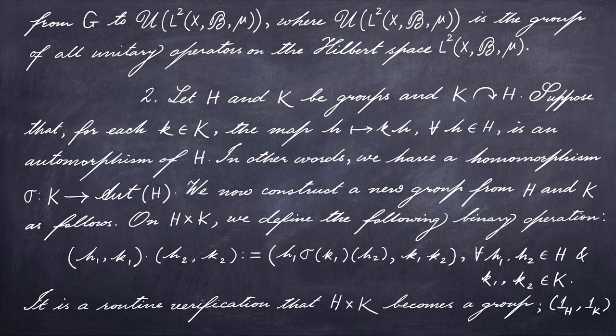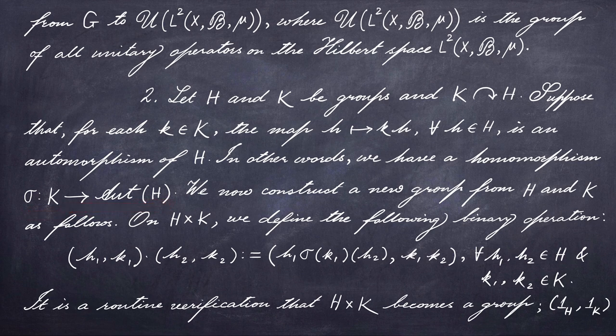Here we have two groups H and K, where K acts on H. Assume that this action is by automorphisms, that is, for each k in K, the map sending each h to kh is an automorphism of H. In other words, we have a homomorphism sigma from K to Aut(H).